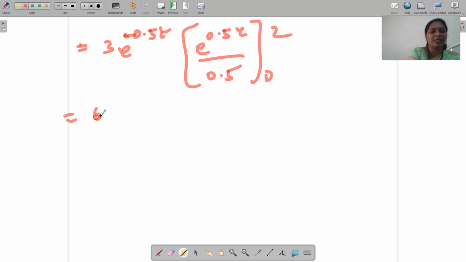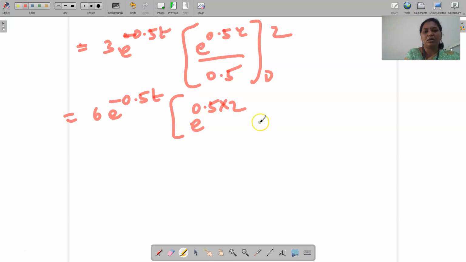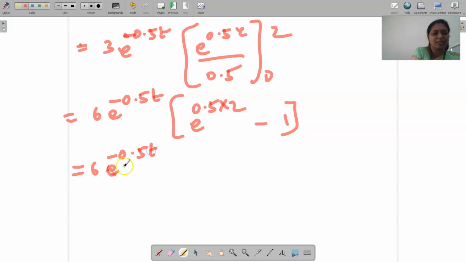So 3 by 0.5 is 6 e power minus 0.5 t. Apply your upper limit 0.5 into 2. E power 0 is 1. So you will get 6 e power minus 0.5 t into e power 1 minus 1.